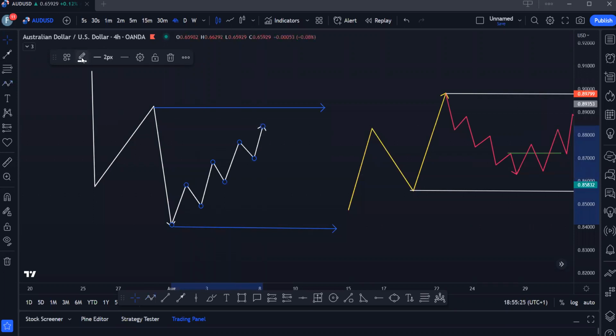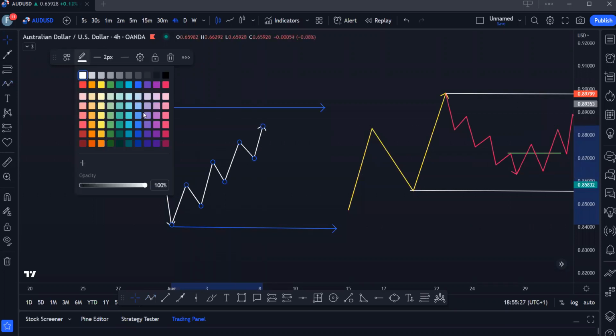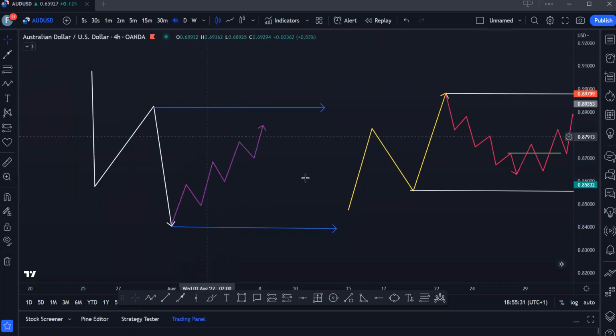This is a different color for this. Okay, so for minor structure, all right, for order flow to shift from bullish to bearish, for the lower high to kick in, right, the order flow needs to shift.